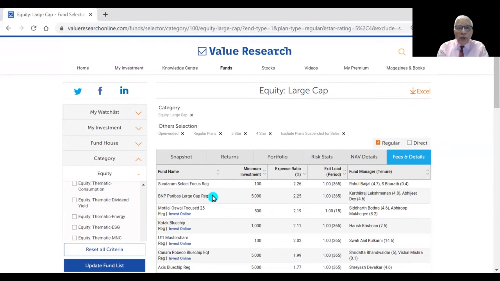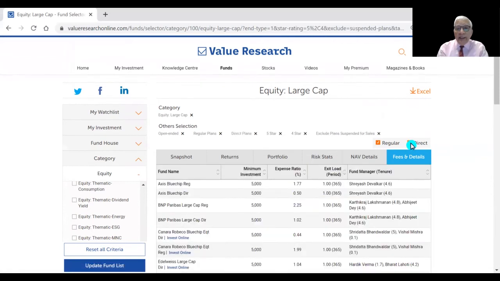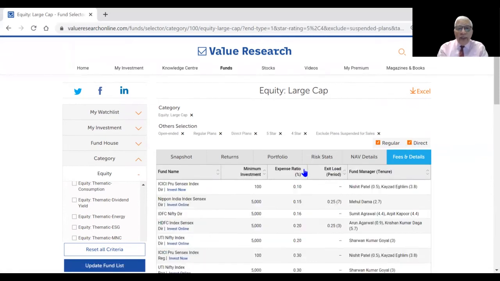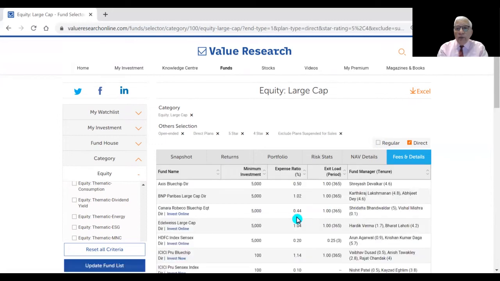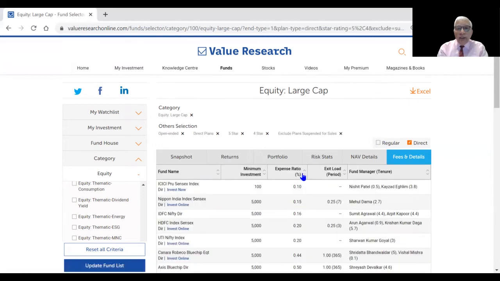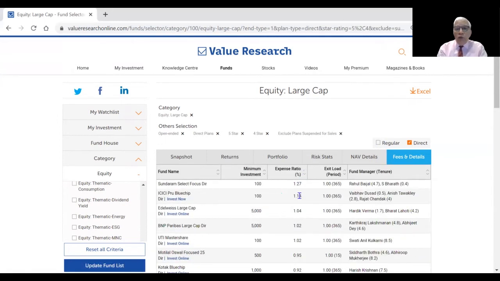See, for example, 2.26 is the expense in the regular category. Now, if I click on direct, and click over here, Sundaram, 2.26 is the, sorry, I have to remove this, 1.27.